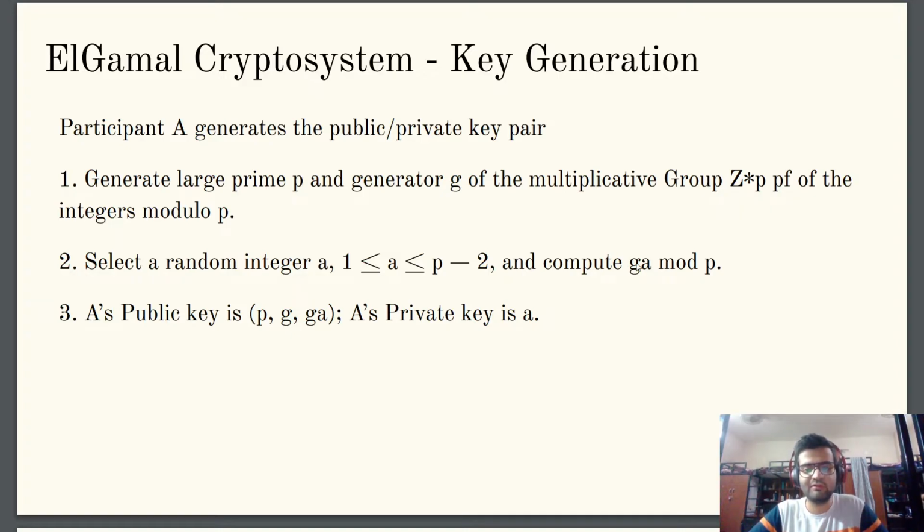After this, he will compute G^a mod P. Now after all these computations, A's public key will contain P, G, and G^a, and A's private key will contain a. This is all similar to what we talked about related to Bob.